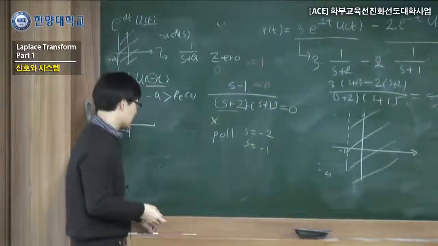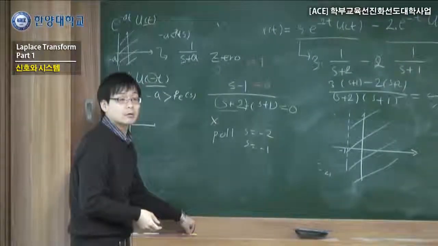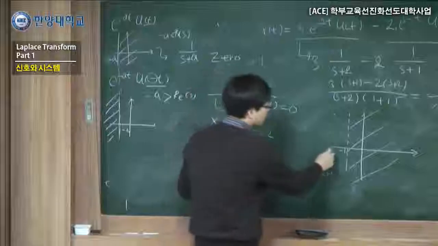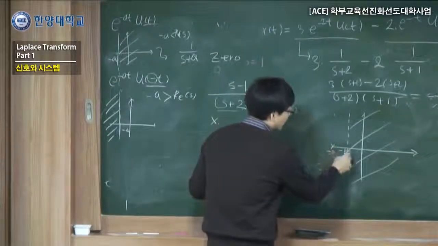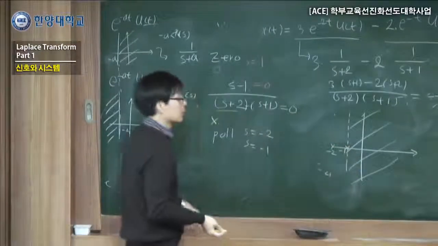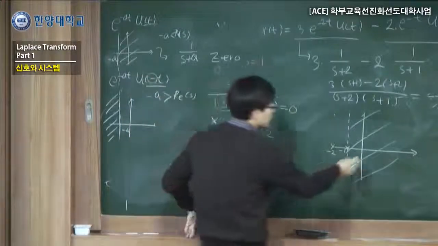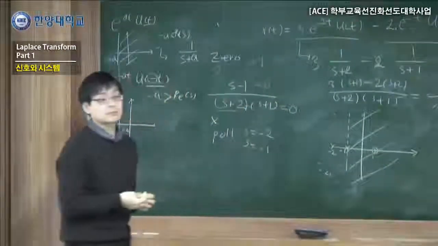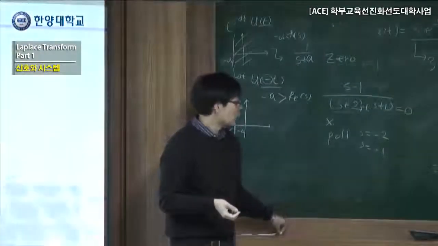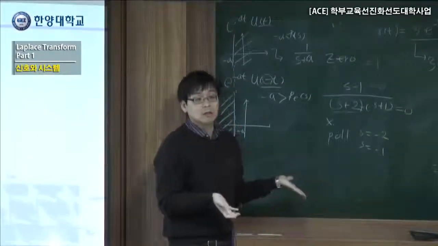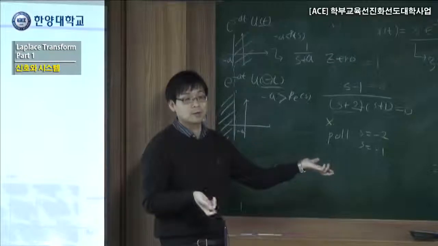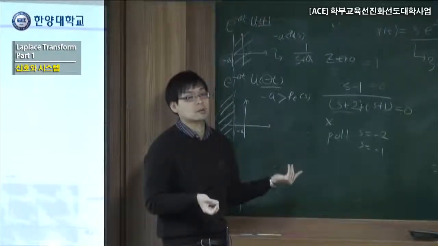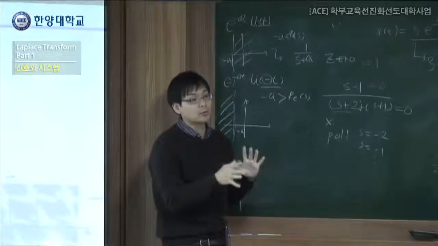If we want to plot poles and zero in this diagram, then the poles, which are minus 2 and minus 1, are over here. Zero, which is 1, is over here. So you have the region of convergence, you have zero inside the region of convergence, and poles at the boundary or outside of the region of convergence. There are several reasons we are doing this.